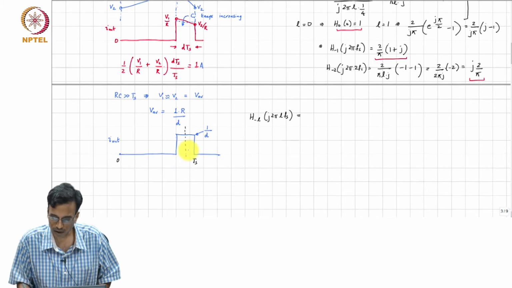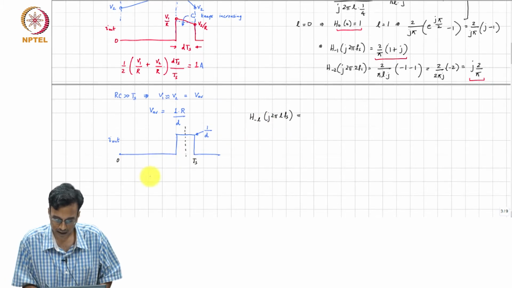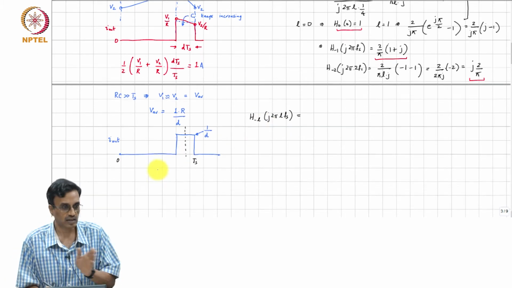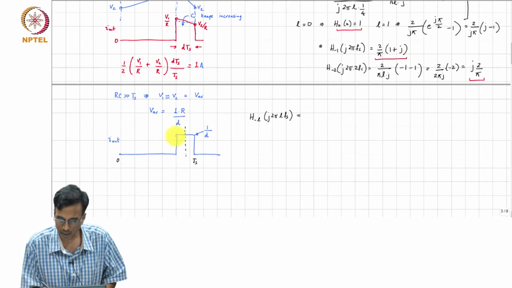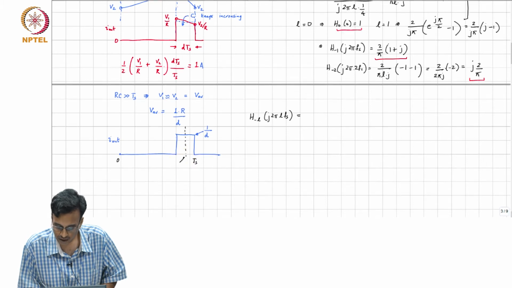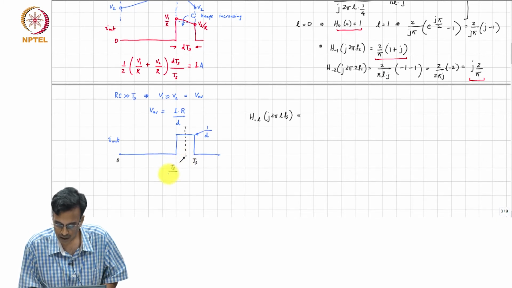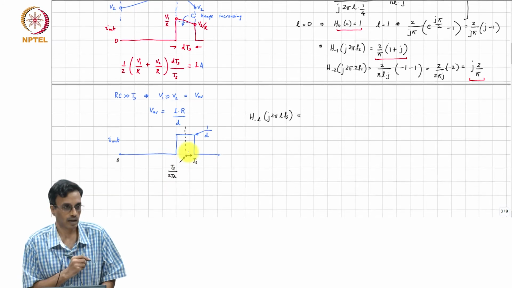So, you can think of it as a rectangular pulse which is centered at 0, but then moved to the left by dTs by 2, that is that distance there.